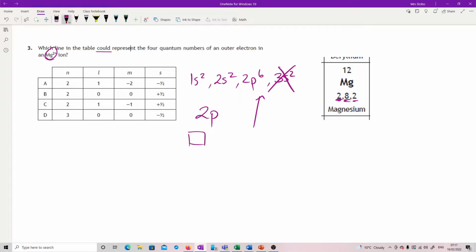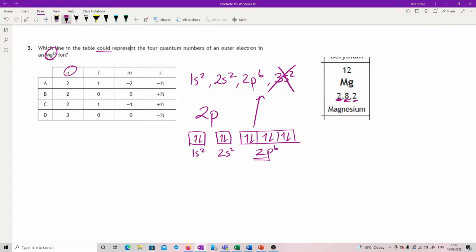If I was going to do this in boxes, I would say there's 1s2, 2s2, and here's my degenerate p's. I've got 6 of these, but just by habit, you do the parallel and pair. Right, so we're looking for the principal quantum number, which is our energy level.